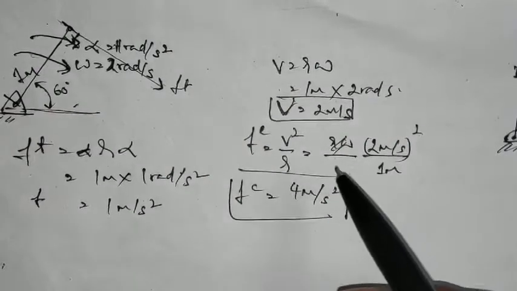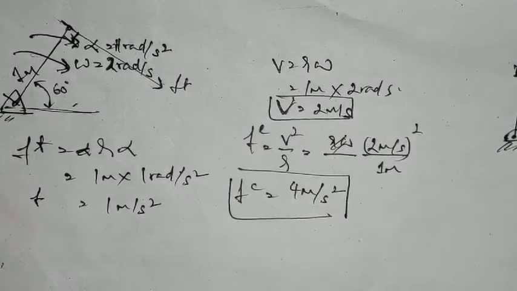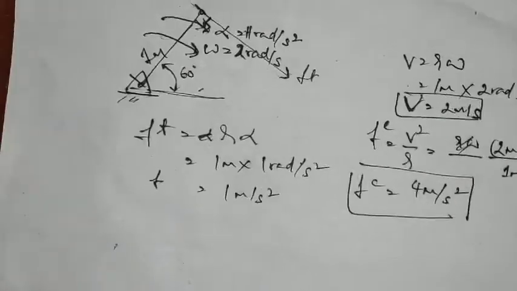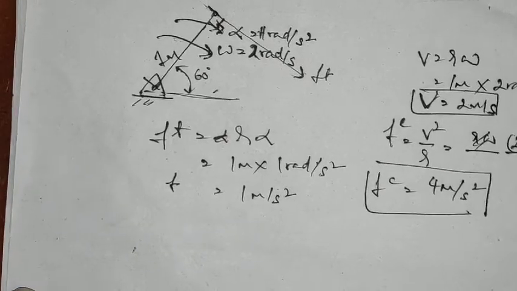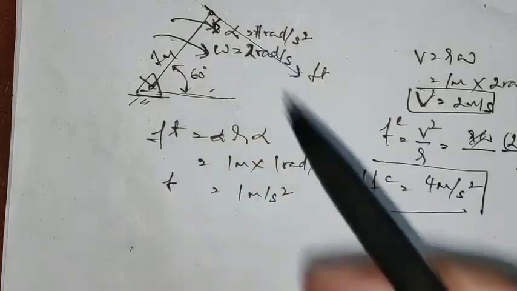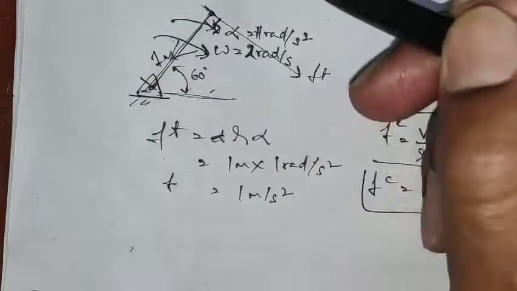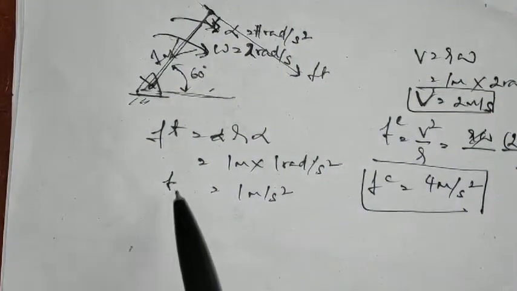So we have got the tangential acceleration, which is 1 meter per second square, and the centripetal acceleration as 4 meter per second square. We know that the tangential acceleration is always perpendicular and the centripetal acceleration is always towards the center, like this. So how do we draw this?